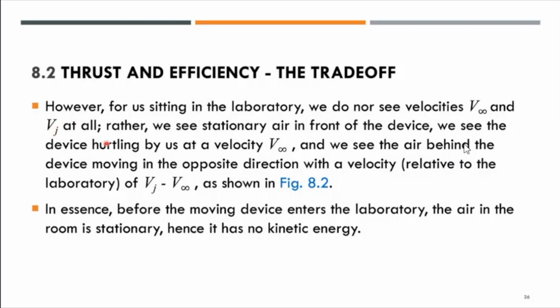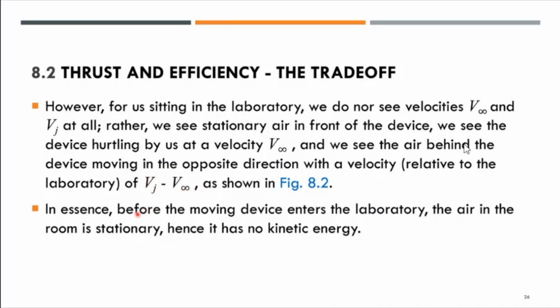Rather, we see stationary air in front of the device, we see the device hurtling by us at velocity v infinity, and we see the air behind the device moving in the opposite direction at a velocity of vj minus v infinity.